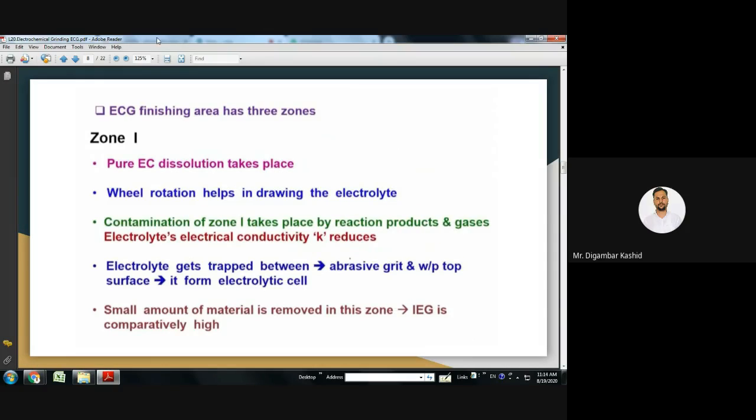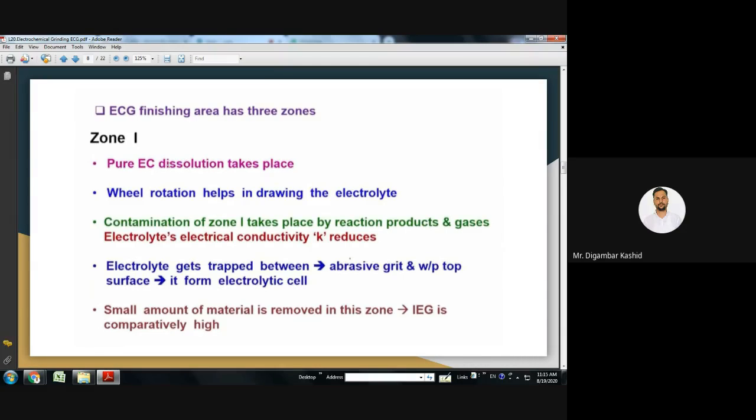So here I have shown in zone 1 only pure electrochemical dissolution will take place. The wheel will rotate, and that rotation of the wheel helps in the flowing or drawing of the electrolyte. The contamination of zone 1 will be by reaction byproducts or reaction products, that means your reaction products and the gases.